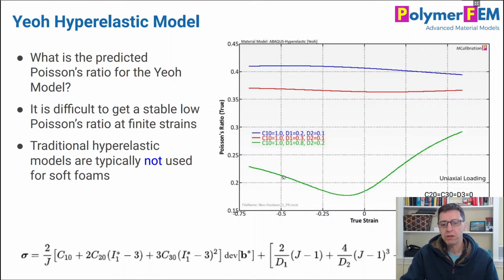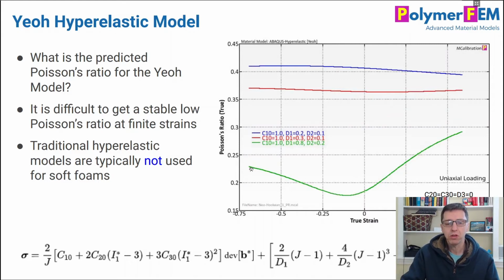From the previous slide, we know that that's not going to be so good because the Poisson's ratio will go negative in compression. So I added additional terms here, specifically D2. If I added a little bit of positive D2, 0.2 in this case, the energy in the material will increase as you compress it or pull it in tension, as the volume changes in essence.